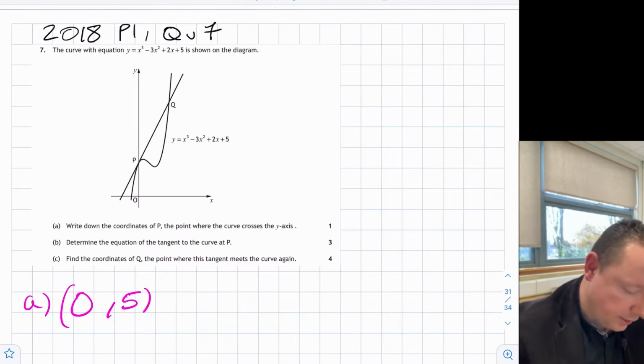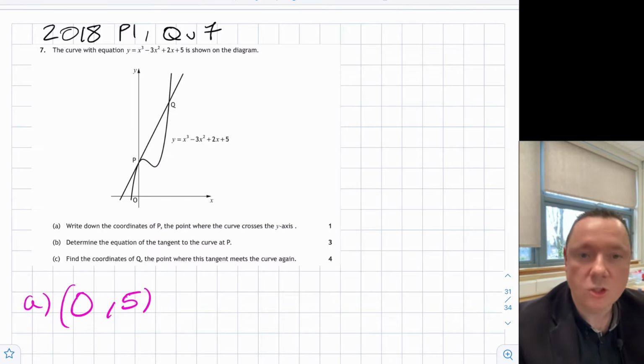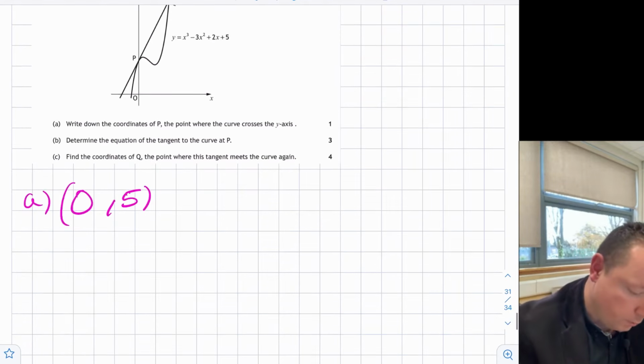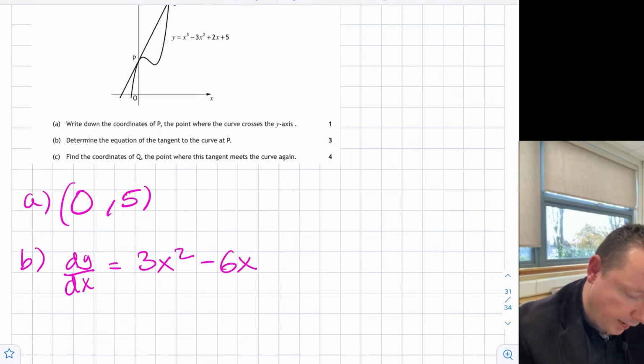Okay, part B says, determine the equation of the tangent to the curve at P. So we've got our curve's equation, we need the equation of a tangent, so we need to differentiate it and do exactly what we've been doing before. So part B, dy by dx equals 3x squared minus 2 times 3 is 6, so 6x plus 2.